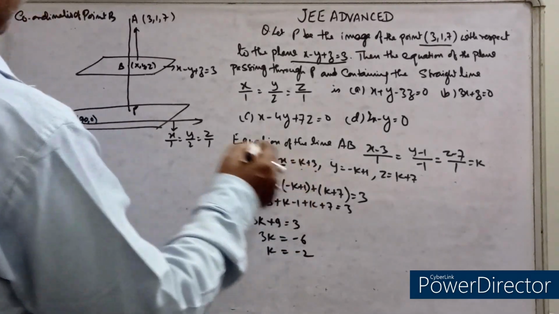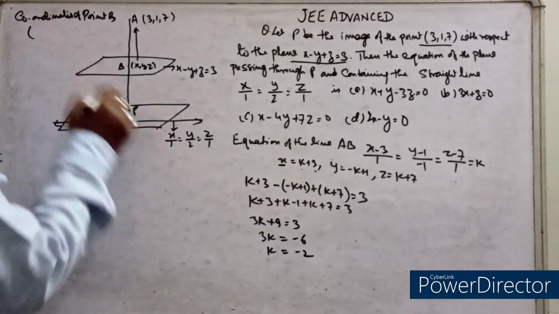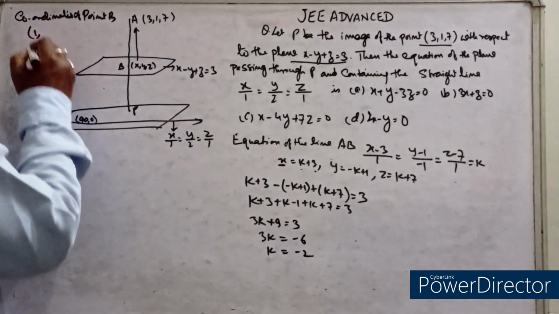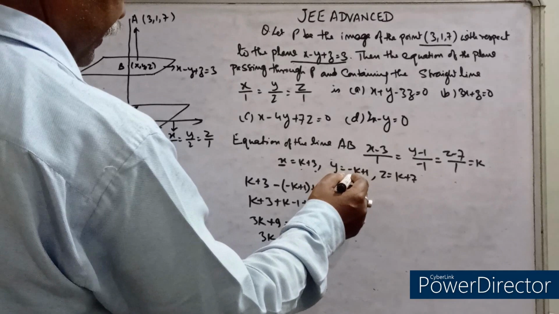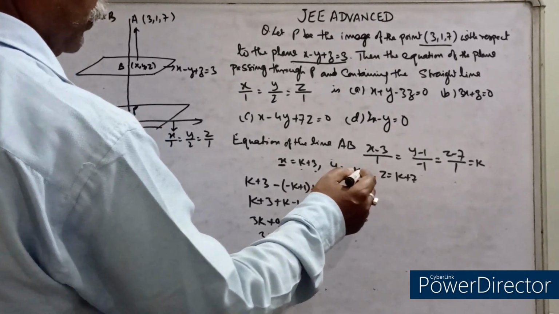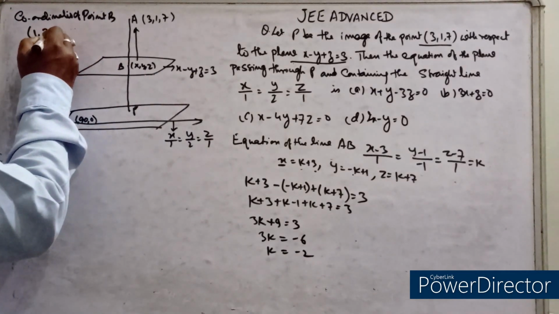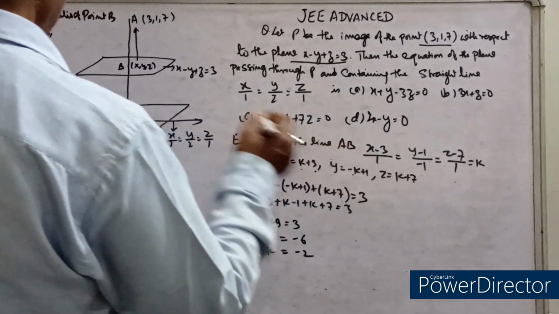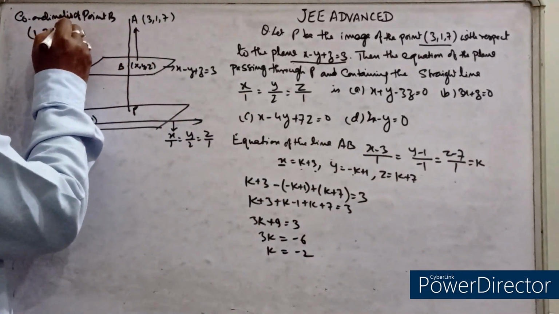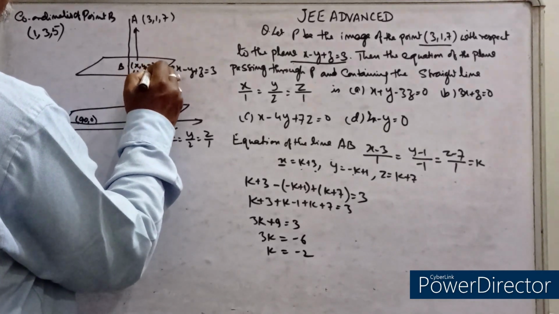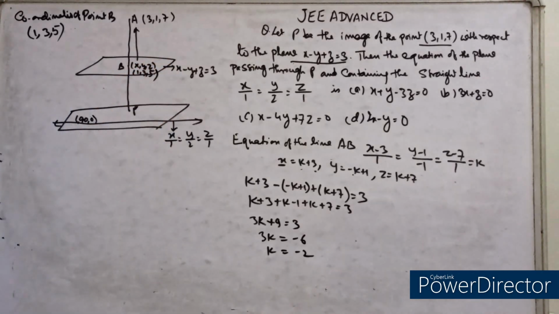Minus 2 plus 3, so this will be 1; minus k is plus 2, plus 1, that is 3; and again minus k plus 7, that means 5. So this is the coordinate of the point B: (1, 3, 5).